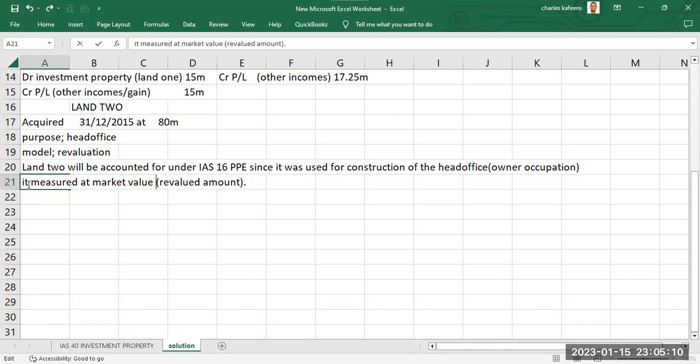So now we need to compute the revalued amount. The revalued amount is going to be inflated because the inflation is there. The revalued amount is going to be equal to the cost, which was 80 million, plus 15%.